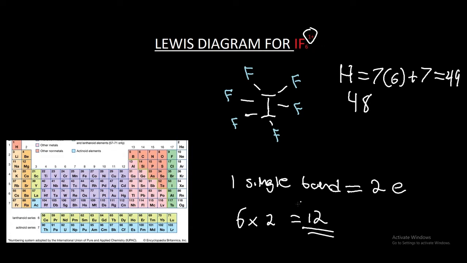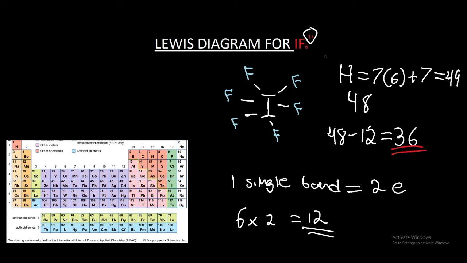We are currently using 12 of those electrons within the single bonds. So how many do we have left just floating around our fluorine atoms? Well, it is 48 minus 12, which equals 36 electrons.